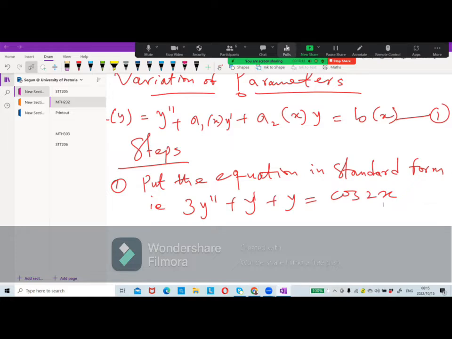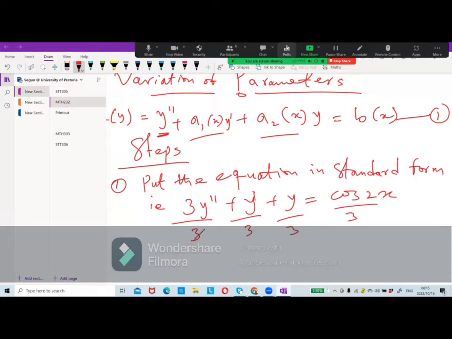What you need to do is just divide both sides by 3. When I divide both sides by 3, what do I have? Remember, this y prime prime must stand alone. The y prime can also have a coefficient, y also can have a coefficient, and so on. So I divide each of them by 3.